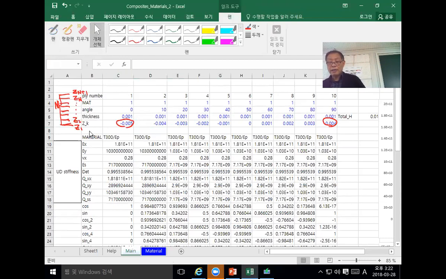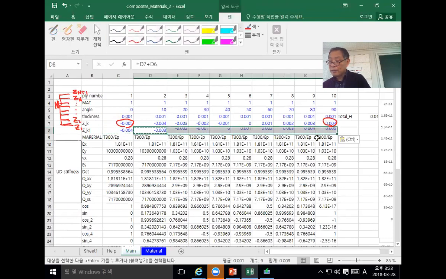So we'd like to define a ZK1. K1 means 1 ply up. So ZK1 is this plus what? Thickness. And I'd like to use this one the same as that one, and this one the same as that, and copy here.